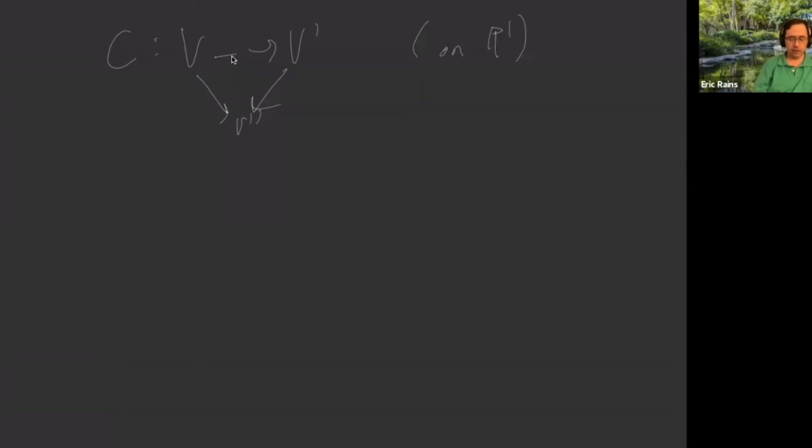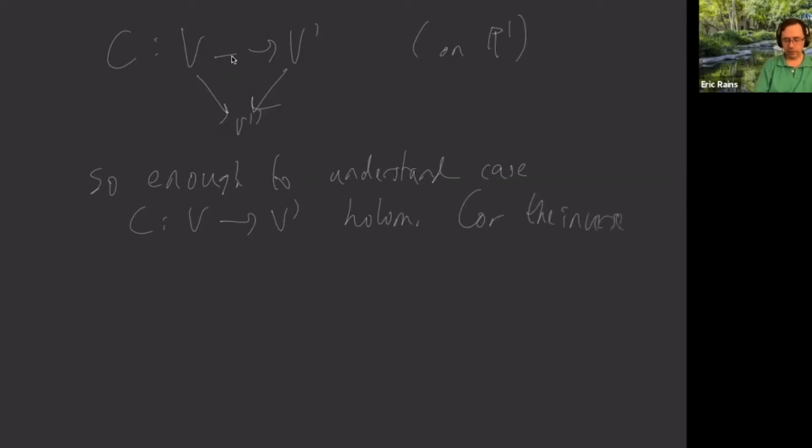Okay, so in any case, we have this factorization of C. So to understand isomonodromy transformations, it's enough to understand the case that C is actually holomorphic, or the case that the inverse is holomorphic.